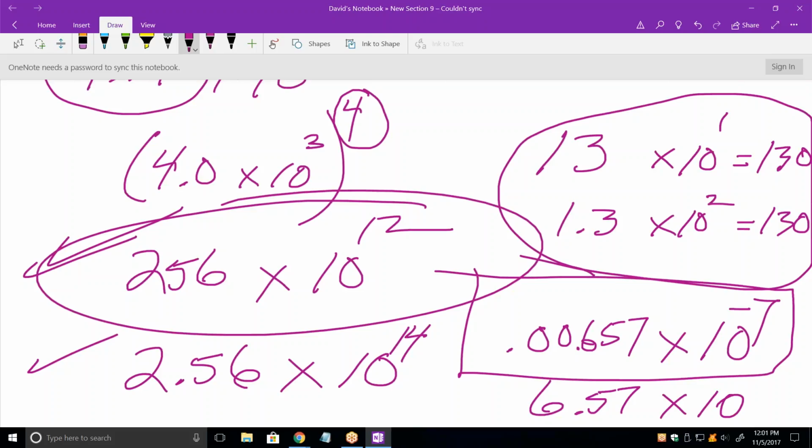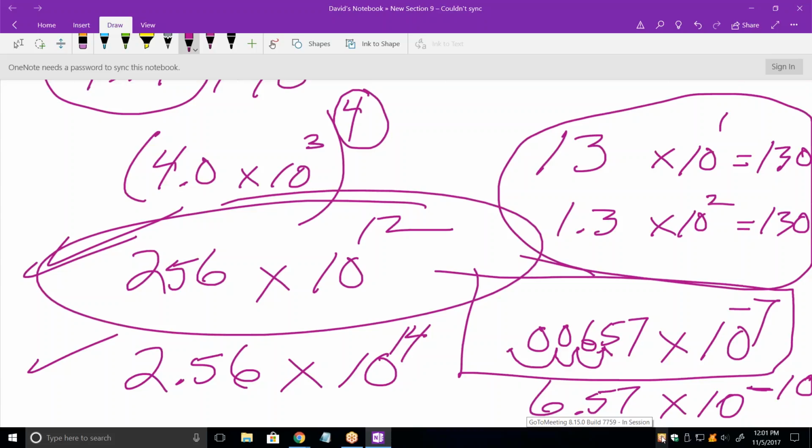That is 10 to the minus 10th, because I am subtracting 3. In other words, because I had to move my decimal point 1, 2, 3 places to the right, that means I subtract 3 from the exponent.